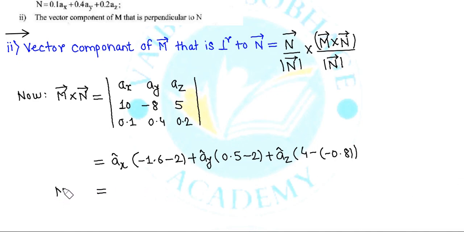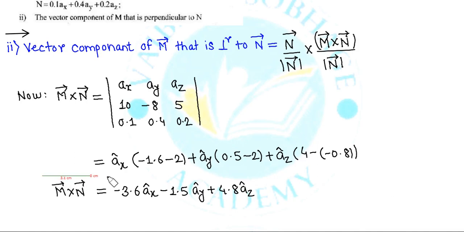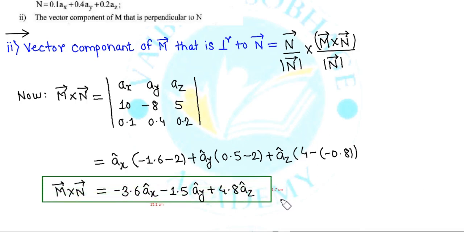The value of the cross product between vector m and vector n is equal to -3.6 ax cap minus 1.5 ay cap, and lastly 4.8 az. So this is the very first element for this answer.